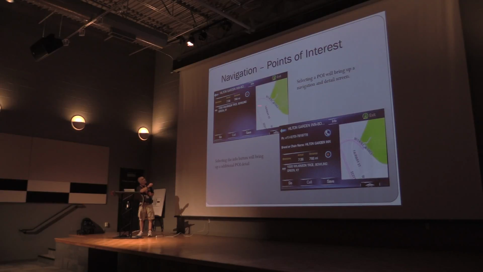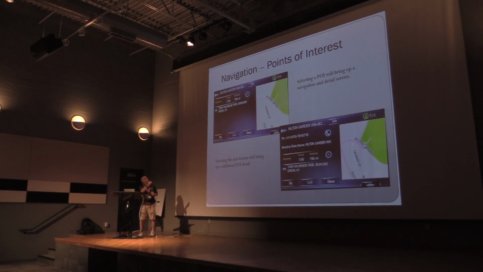If you're going to navigate to it, you're going to press Go. If you want to call and make a reservation, you can press Call. If there's a number entered in the database, this button will be highlighted, and if not, it'll be grayed out and you can't interact with it, so don't worry about it. And most importantly, if you want to save it, you save it by pressing that button.